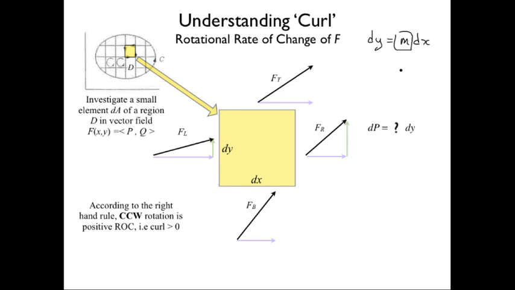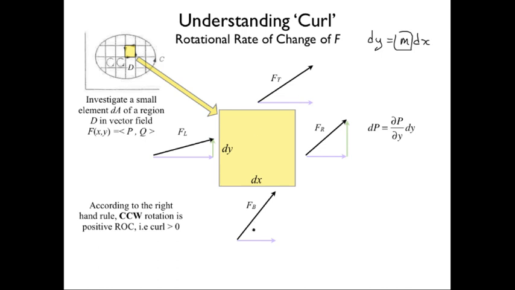Basically, in asking the question, I'm telling you the answer. What derivative is it exactly? The partial derivative of P with respect to Y. So it's going to be the partial of P with respect to Y. That's the rate of change of the P vector with respect to Y, right?